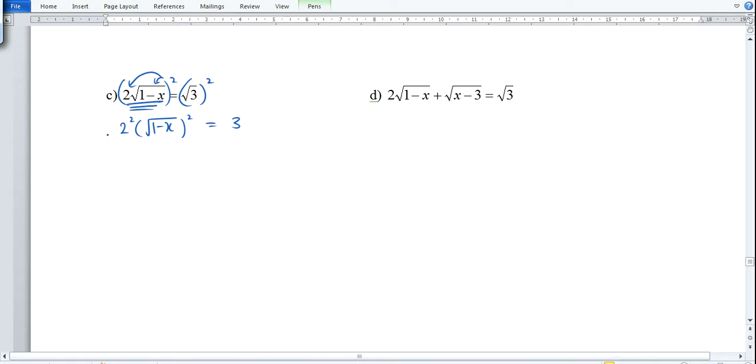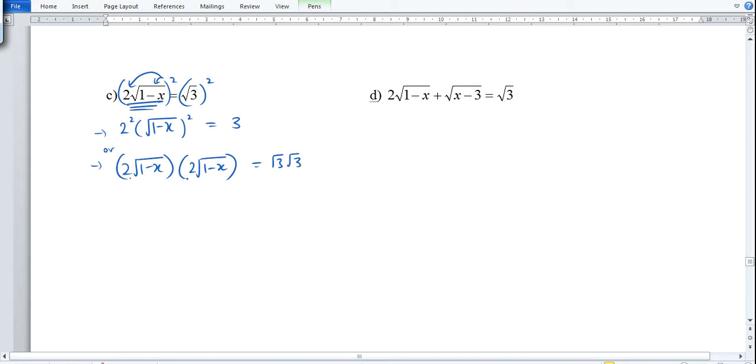Or you can see it as 2 times square root of 1 minus x, and because it is squared, there are 2 copies of it, so it will get you to the same place.